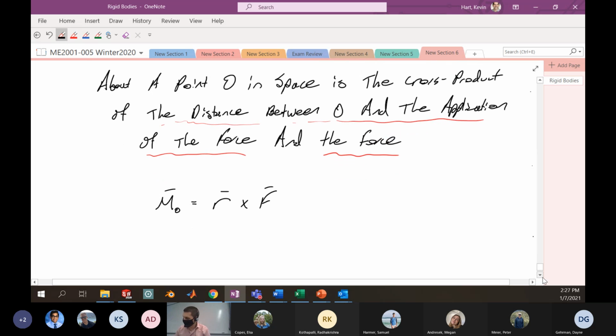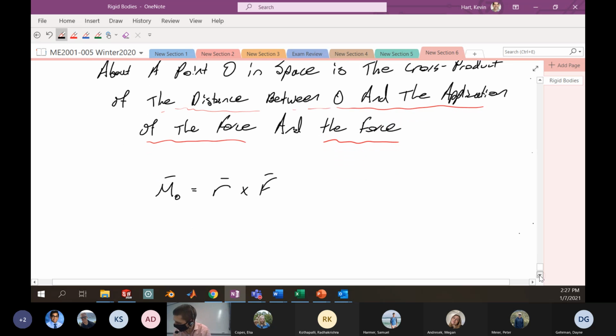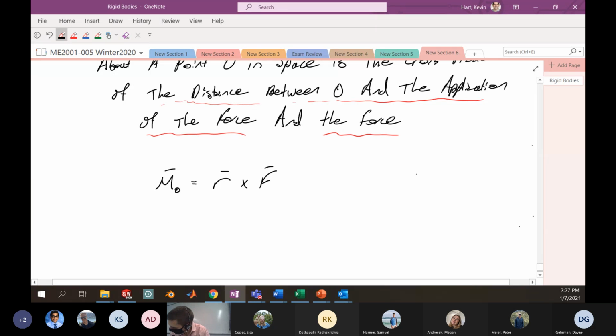Now let's maybe show what that is sort of pictorially. Okay, so here we are with X, Y, Z. And here we are with our coordinate system, and let's say it's centered at O. Let's say we have a point that's out in space, and here that point is point A. And let's say that there's a force that occurs at that particular location A. I'm just going to draw it in an arbitrary direction.